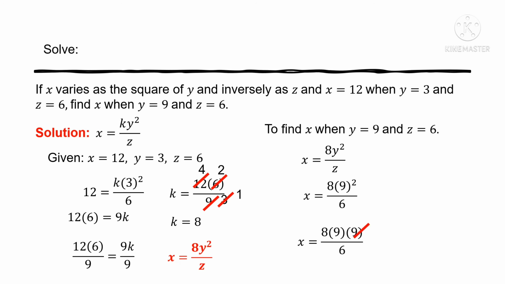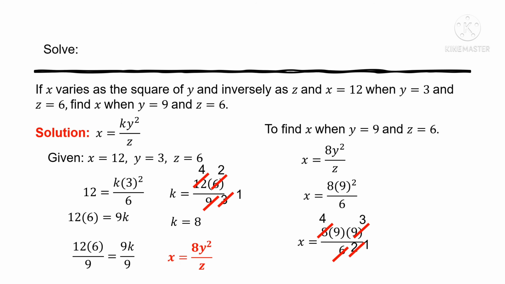Then, we apply the cancellation. Yung 9, tsaka yung 6 sa denominator, ay pareho silang divisible by 3. Kaya, 9 divided by 3 is 3. Then, 6 divided by 3 is 2. Tapos, yung 8 naman, itong 8 at tsaka yung 2, pareho silang divisible by 2. So, 8 divided by 2 is 4.